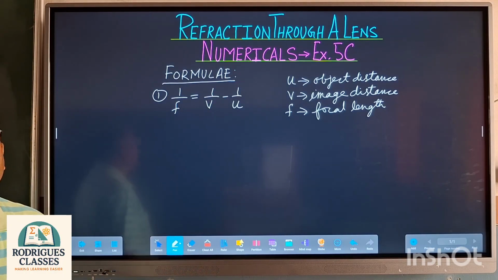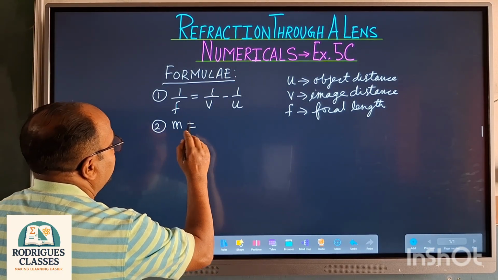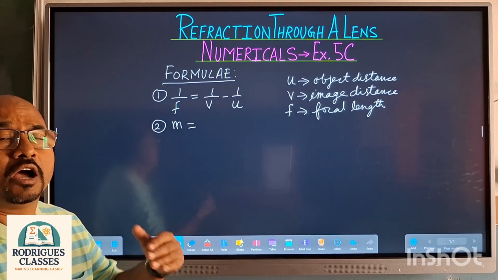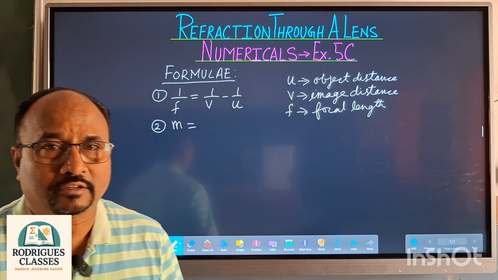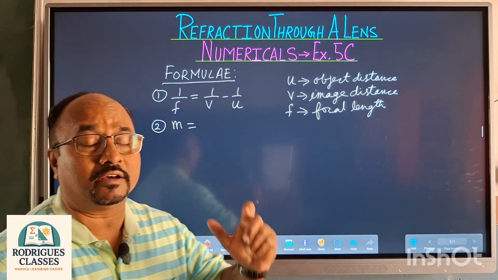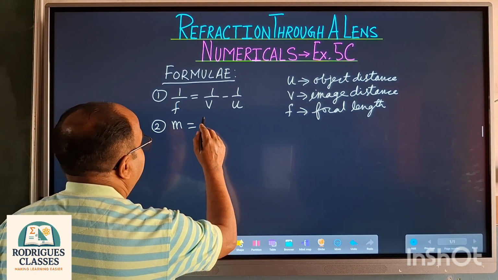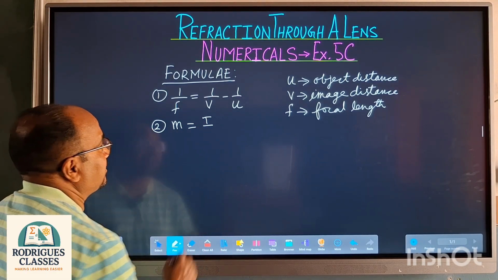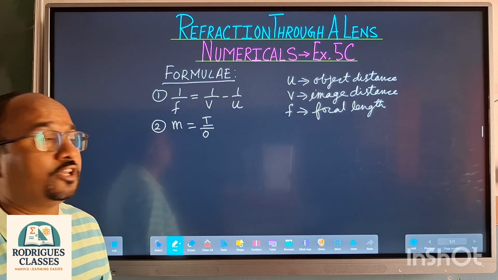So first this formula will be used, then we come to the magnification. Magnification means how many times the image is compared to the object. So this is the relationship between the height of the object and the height of the image. Based on that, you get the formula as height of the image divided by height of the object.